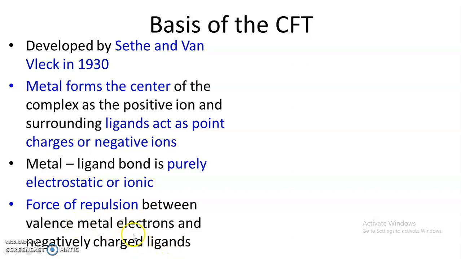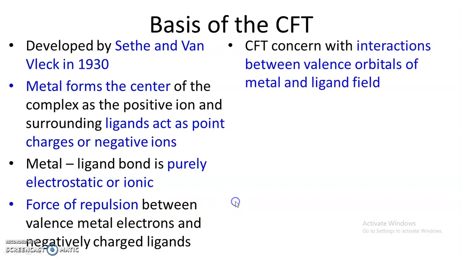Between these electrons and the ligands there is a force of repulsion, because electrons are negatively charged and ligands themselves are electron rich, and therefore there is a possibility of repulsion. This is another important point.